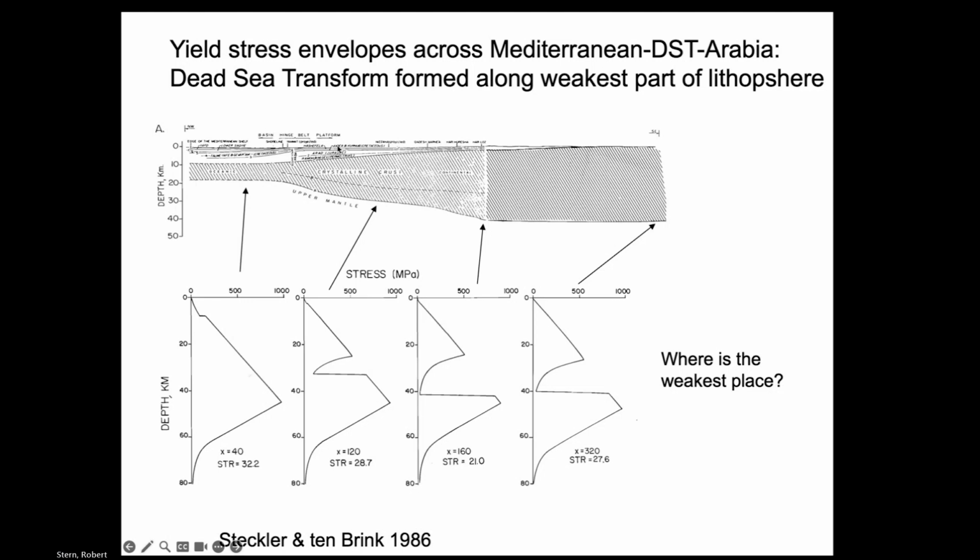So oceanic crust and lithosphere is strong, continental crust and lithosphere is weak, and transitional crust and lithosphere is almost certainly intermediate in strength between strong oceanic lithosphere, captured here with this yield stress profile, and continental lithosphere, which has this lower crustal weakness zone.